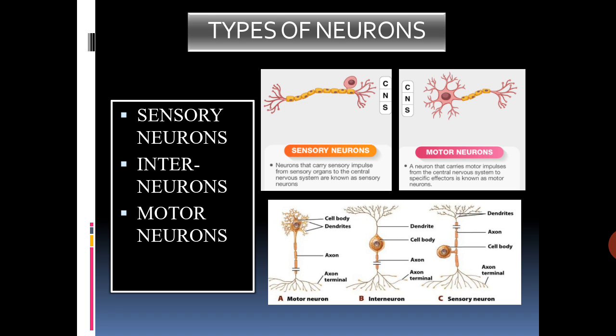A neuron that carries motor impulses from the central nervous system to specific effectors is known as a motor neuron. In other words, these transmit impulses from the central nervous system to the muscles and glands that carry out the response.